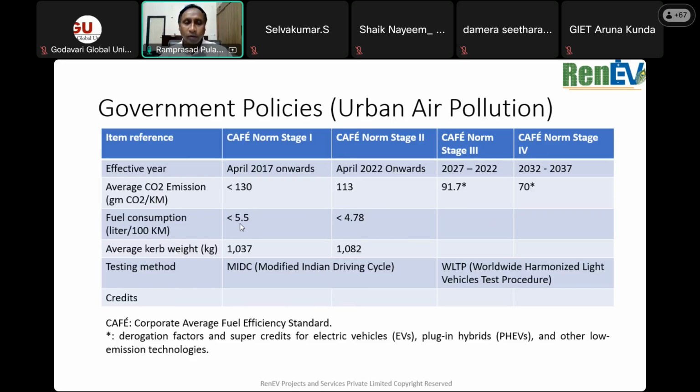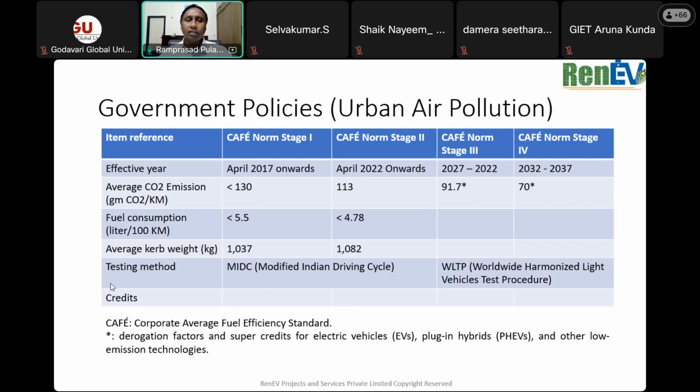It was around 5.5, it has reduced to 4.78. In stage 3 and 4, they have not given any norm here, but they have given CO2 emissions in grams per kilometer. There is a standardized formula based on which the weighted average of the vehicles manufactured by the manufacturer is calculated.